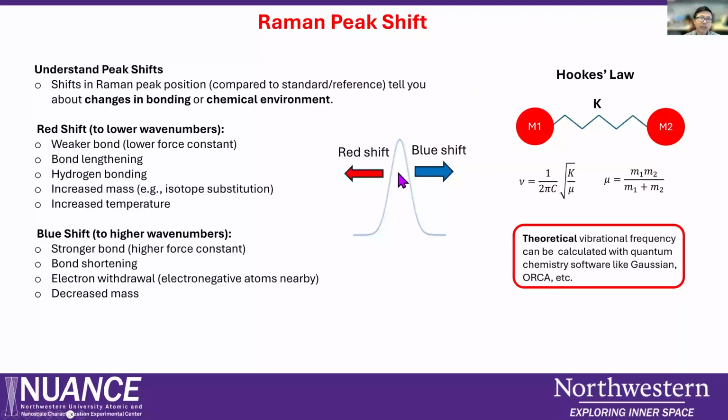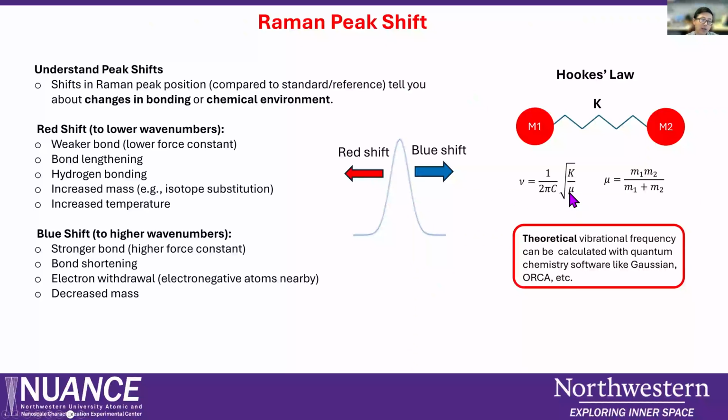In Raman, we also see the Raman shift. On the lower wave number side it is a red shift, and on the higher side it is called blue shift. Why the shift? The molecular vibration frequency still follows Hooke's law, based on the mass and the bond strength.